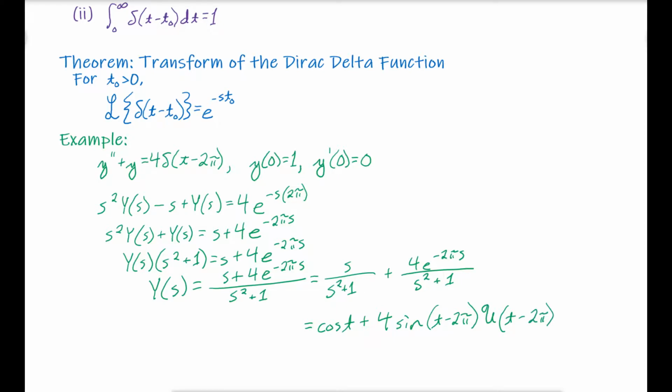So this is again when we were looking at translating on the t-axis that we found this. Now, in general, we try not to leave trig functions, especially with 2 pi's in them, because 2 pi is the period of trig functions. So sine of t minus 2 pi is the same as sine of t.